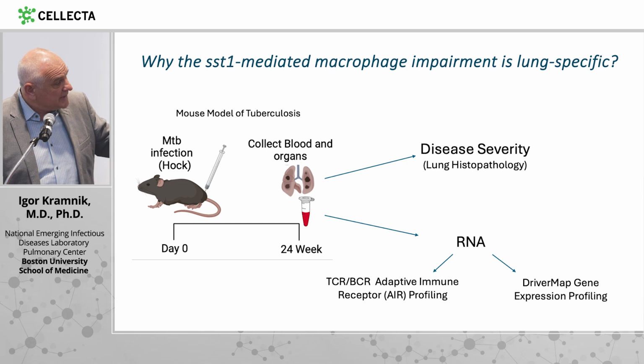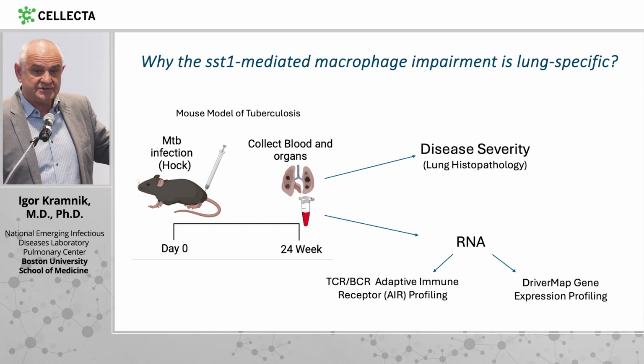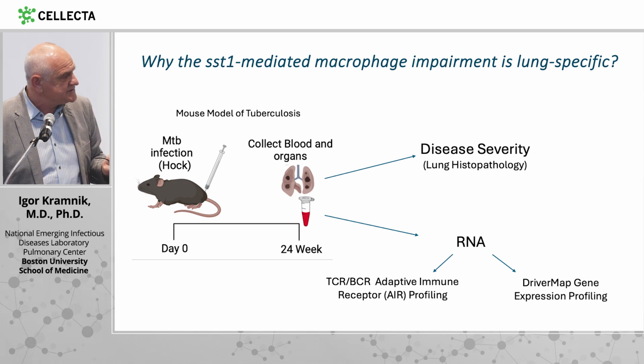So we injected mice in a foot pad, and this is a way to immunize mice. The primary lesion is formed and induces immunization, and only after that bacteria spread to multiple organs, as we have seen. Now we put out a preprint that details all the studies, but only in the lungs does it eventually progress.